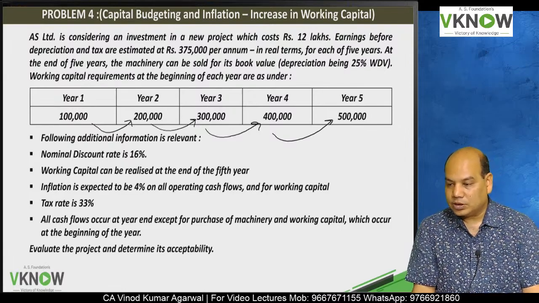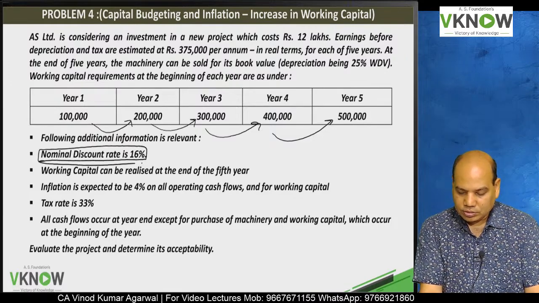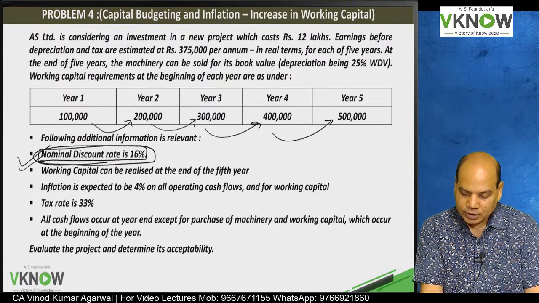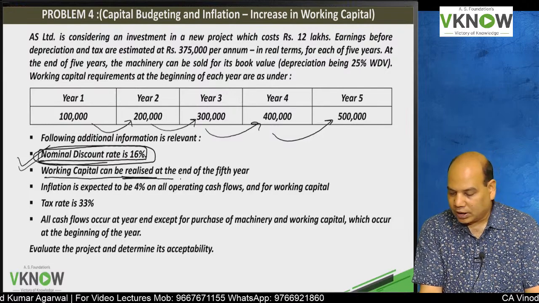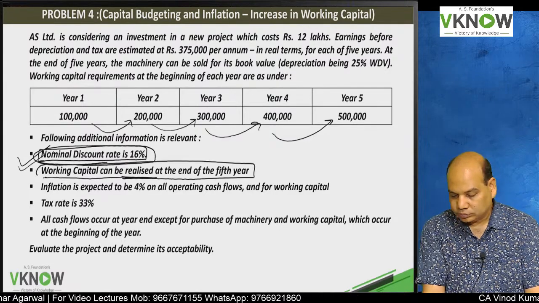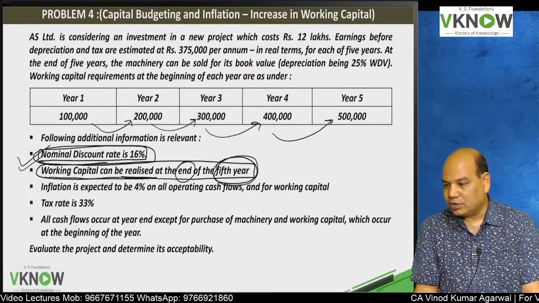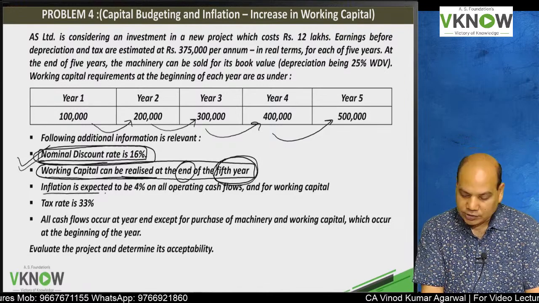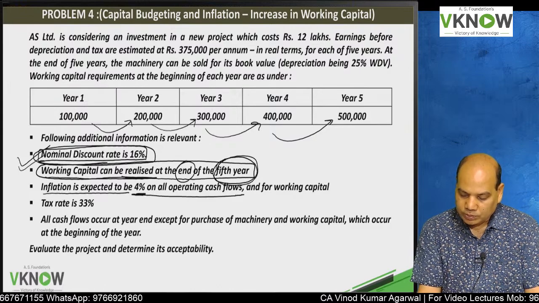Following additional information is relevant. Nominal discount rate is given. No question on this. Working capital will be realized at the end of the 5th year. Even if this line was not given, we will do the same thing. Then inflation is expected to be 4% on all operating cash flow.